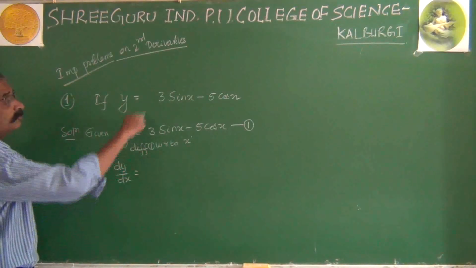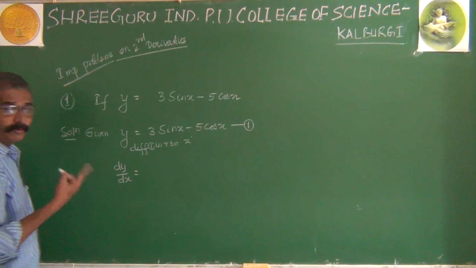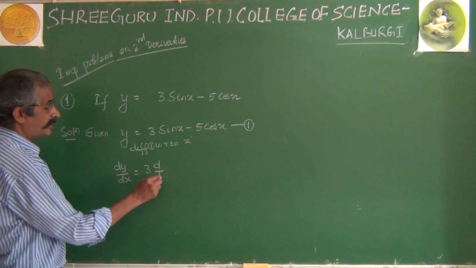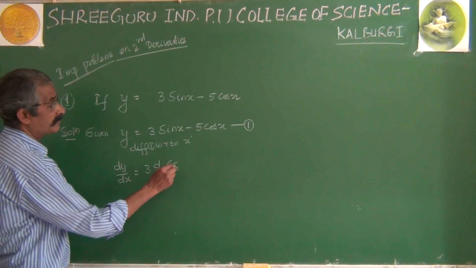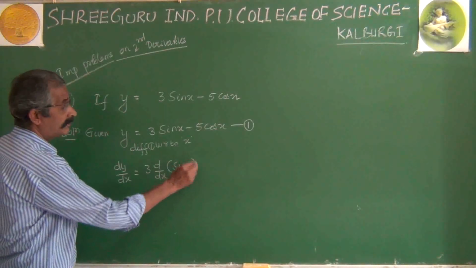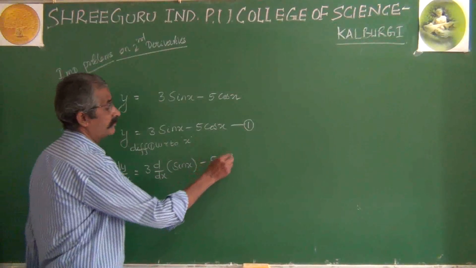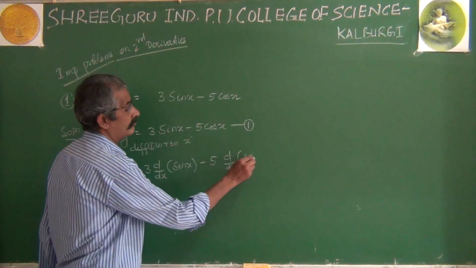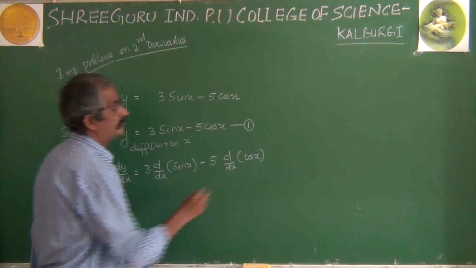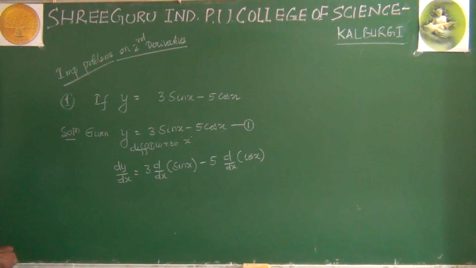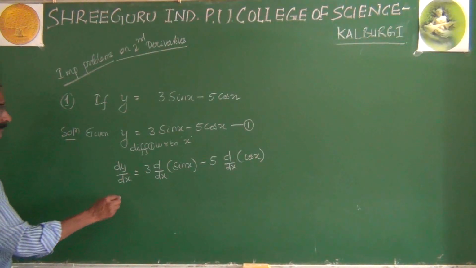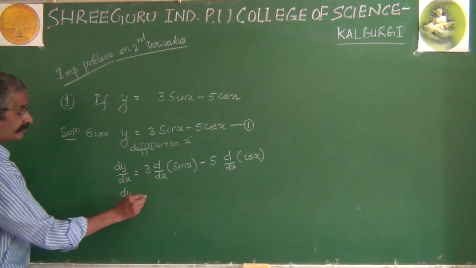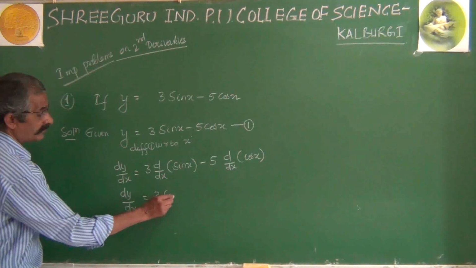On the right side, overall a sum, we have to apply the sum rule: 3 into the derivative of sin x minus 5 into the derivative of cos x.